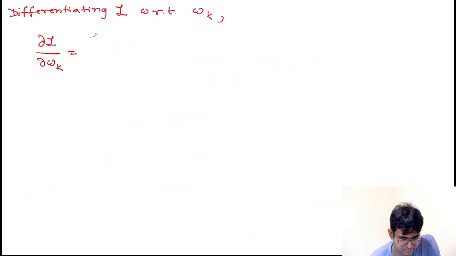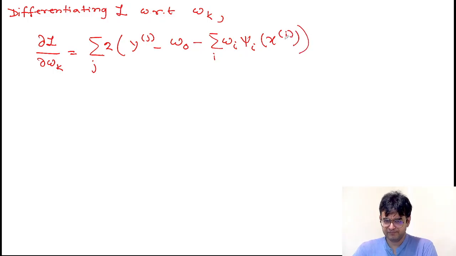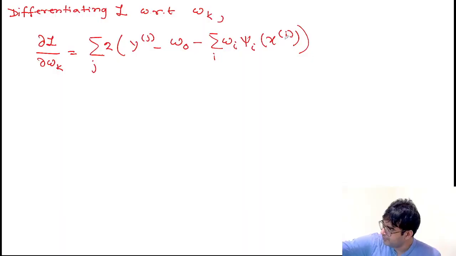So summation over j of 2 times Yj minus W naught minus summation over i of Wi psi i of x j, multiplied by minus of psi k, because I am taking the derivative with respect to wk.